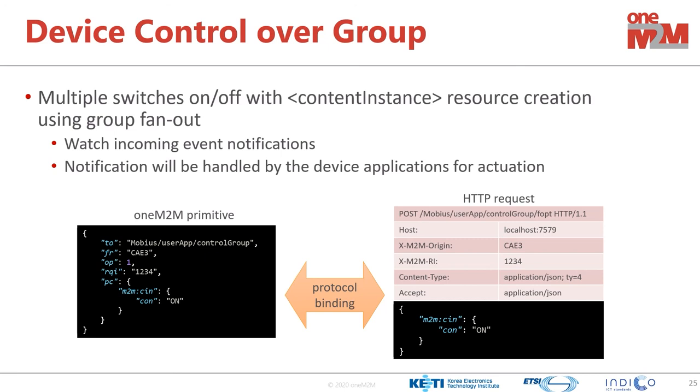So what we need to do is to the control group, which has two control containers, we target that, of course, to the fan out point. This is the typo. There should be the FOPT in the end like this. And since those are turned off, let's turn them on altogether.